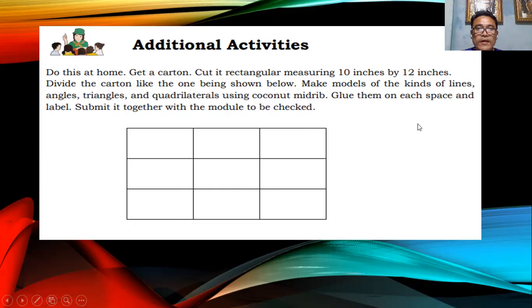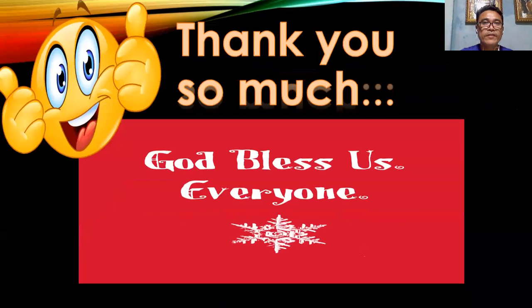Make models of the kinds of lines, angles, triangles, and quadrilaterals using coconut thread. Glue them on each space and label. Submit it together with your module to be checked.